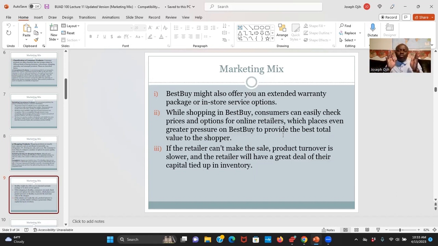So the advent of the smartphone gives a lot of power to the consumers, but also a lot of pressure for dealers in shopping products like Best Buy, because they have to work harder to make a significant amount of sales.